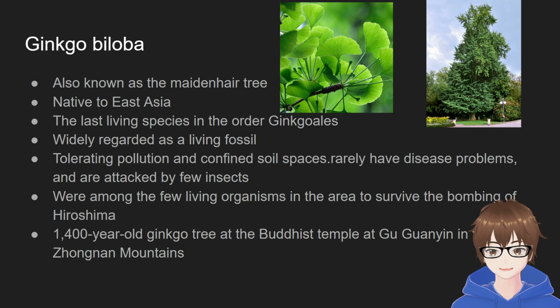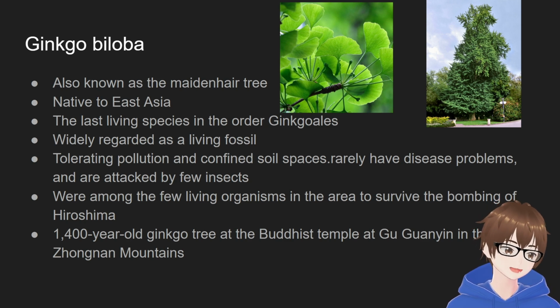It can tolerate pollution and confined soil spaces, rarely has any disease problems, and is attacked by few insects. So it's a pretty good plant, and I love the leaves. The leaves kind of look like a fan, and they get pretty big.